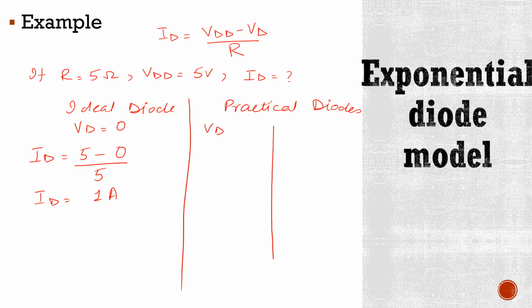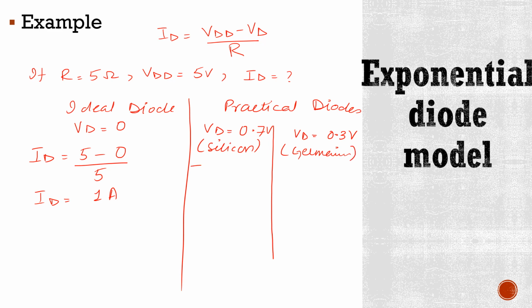and we have VD is equal to 0.7 volts in case of silicon diodes, and this VD is 0.3 volts in case of germanium diodes.